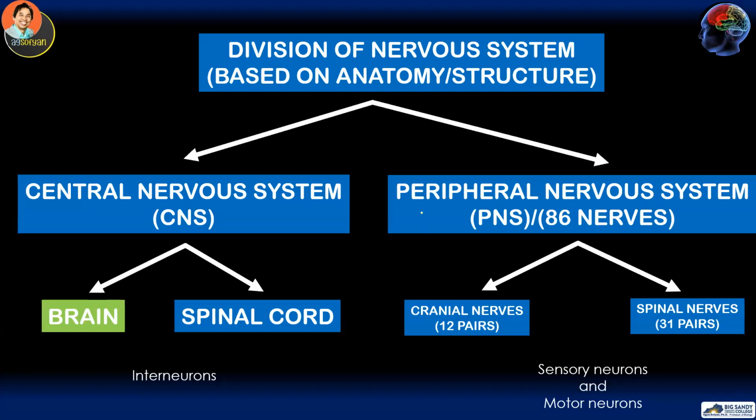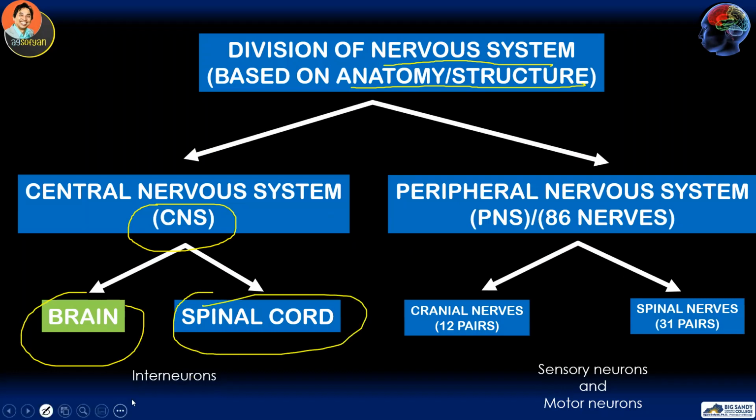It's just a review that based on anatomy or structure, the nervous system can be divided into two types. The first one is called the central nervous system, or CNS, that consists of the brain and the spinal cord.